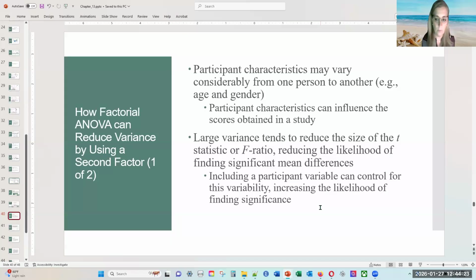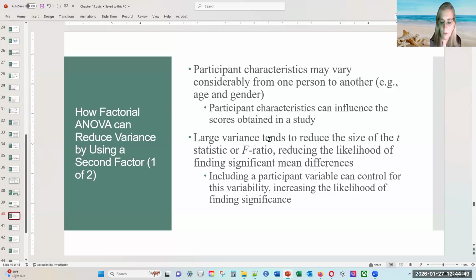So a lot of times, if you happen to know that there's some kind of participant variable that also affects your dependent variable, it might be a good idea to include that person variable, like maybe gender, in your analysis and turn your one-way ANOVA into a factorial ANOVA.